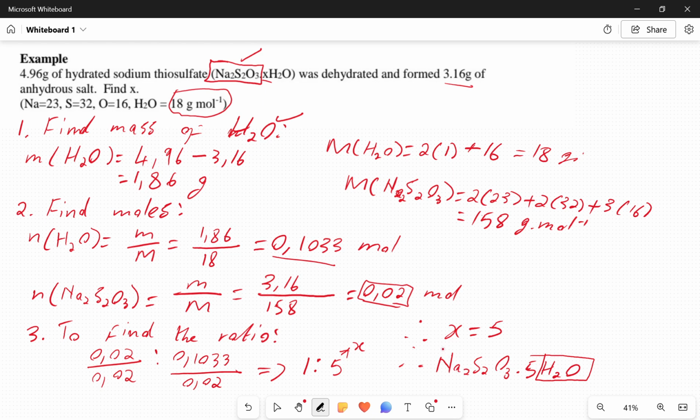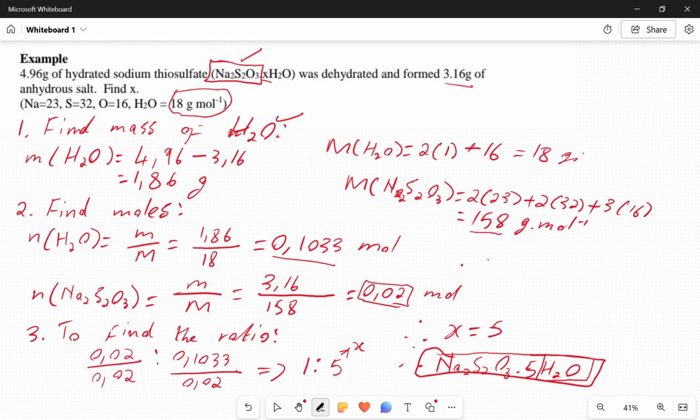Firstly, we would have to find the total molar mass here. But we already know that for Na2S2O3, the molar mass is 158.